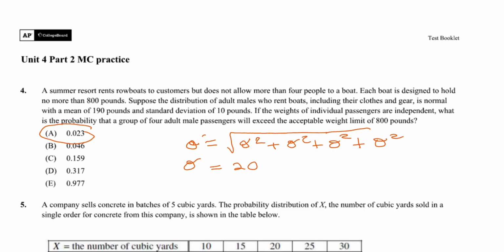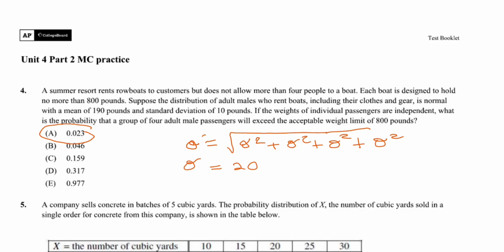Okay, so the question is pretty long, but it's basically saying each adult male weight is normally distributed. Mean is 190, standard deviation is 10. We have 4 people and we want the total weight. So for sums, mean adds. So 4 times 190 equals 760. And standard deviation does not just add.